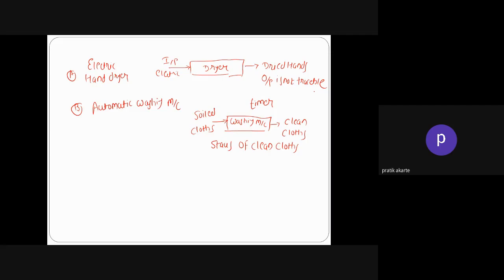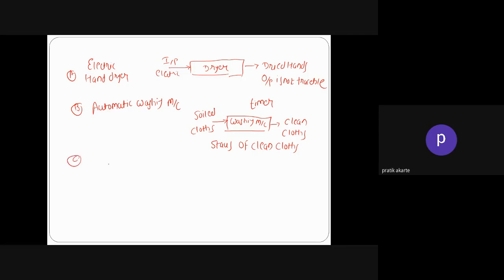No, it won't happen. Irrespective of the status of the clothes, the machine will operate. It still washes them. If perfectly clean clothes are put in, it will still wash them. And that's why it is called an automatic washing machine, and it is an open loop control system.